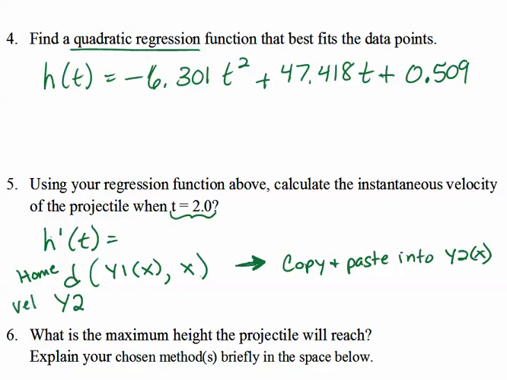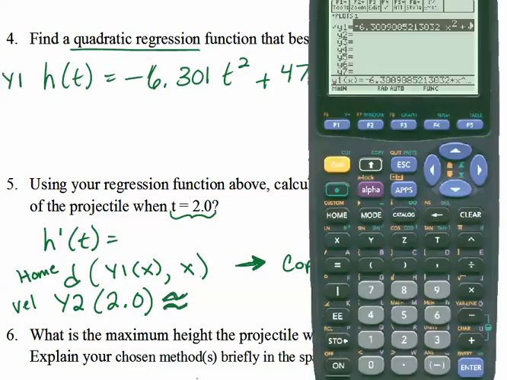So y1 is the height function. Remember, y1 is our height function, so velocity function is going to be in y2. So then in the home screen, I can just do y2 of 2 to come up with my answer. And of course, then I'll round it to 3 decimal places. So let's see if I switch back to the calculator here. So notice that y1 is our height function.